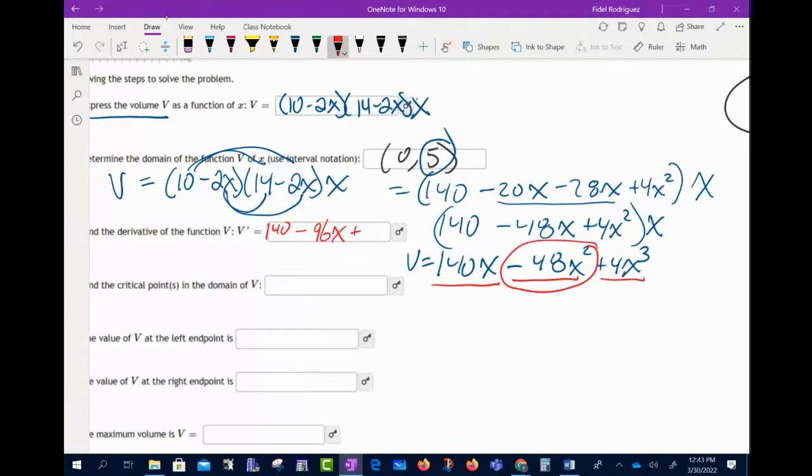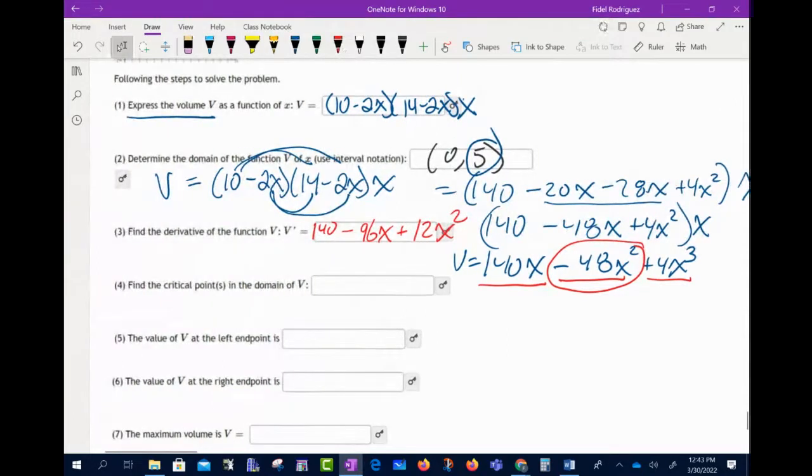And then what's the derivative of 4x to the third? 12x squared. There you go. Perfect. So we found the derivative, right? 140 minus 96x plus 12x squared. So we got that part.